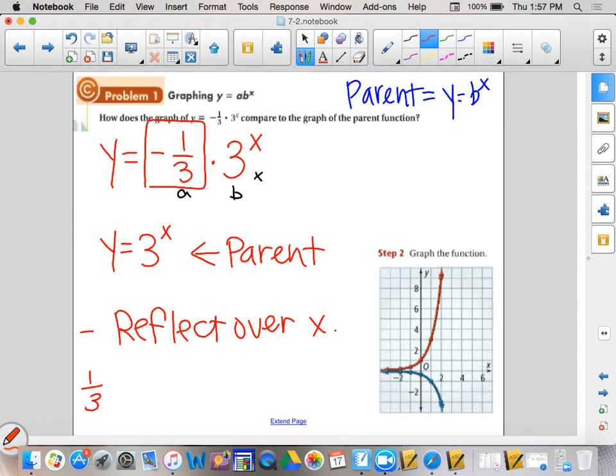Because the negative has nothing to do with it. Is a greater than 1 or less than 1? So I'm going to reflect it over the x-axis, and then I'm going to compress it by 1/3. That's my transformation.